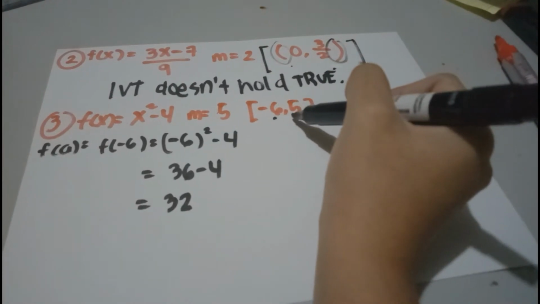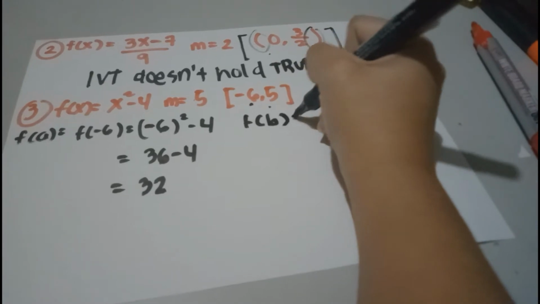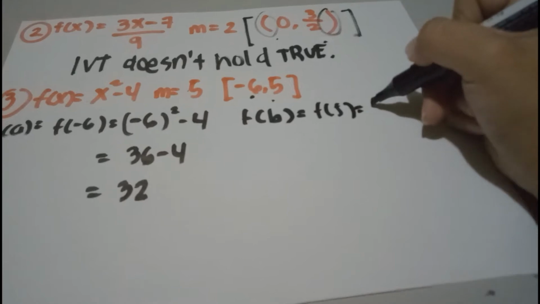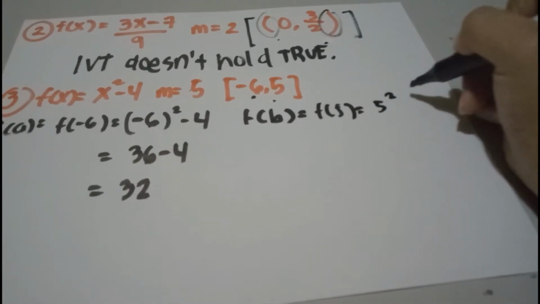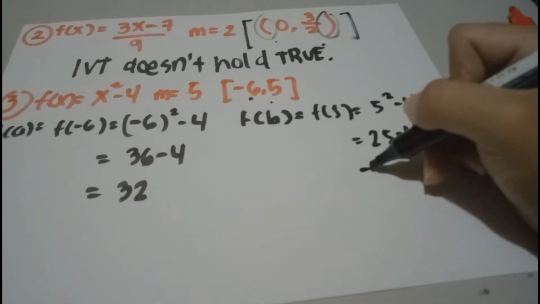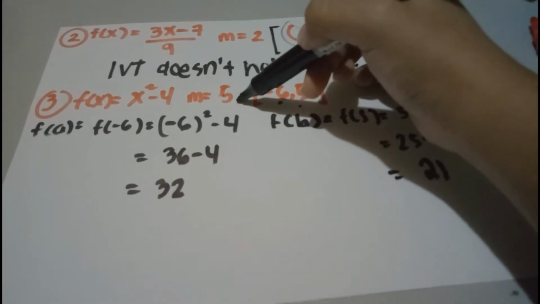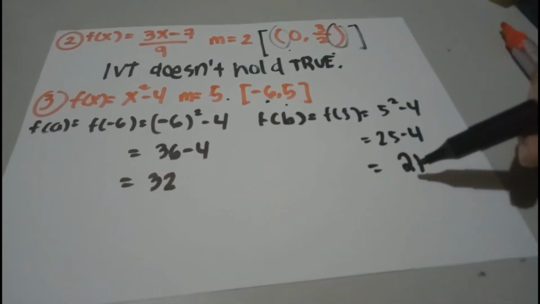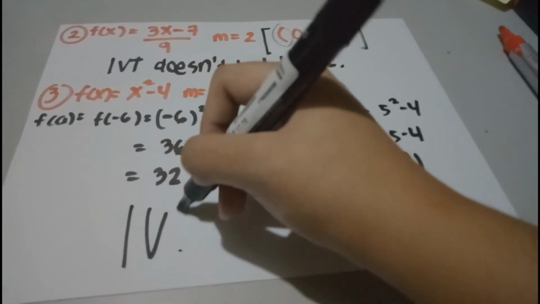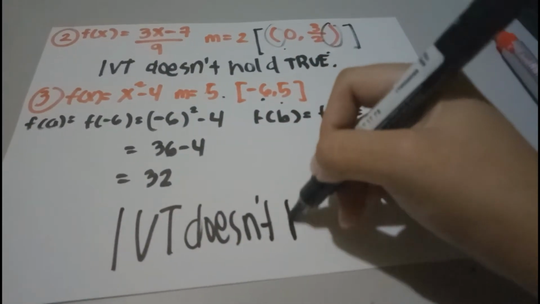Then you will get now the f of b, which is 5. So f of 5 is equal to 5 squared minus 4, 25 minus 4, equals 21. Since looking at m, 5 is not between 21 and 32, you cannot proceed to the next step. So IVT doesn't hold true.